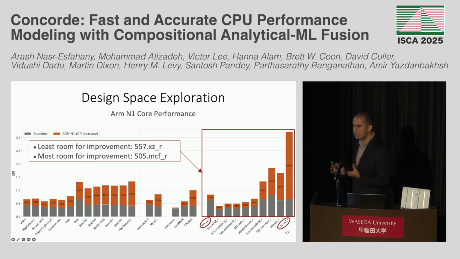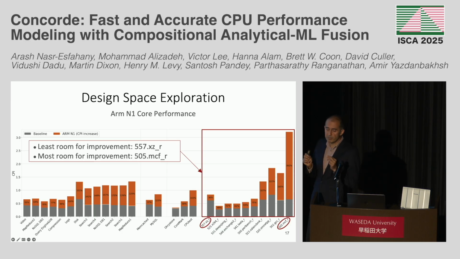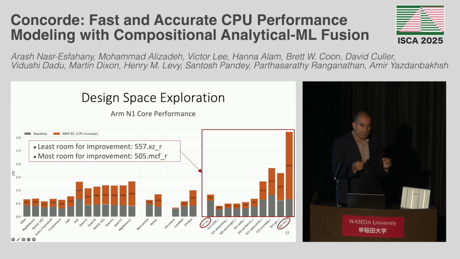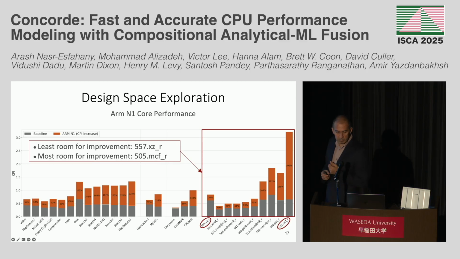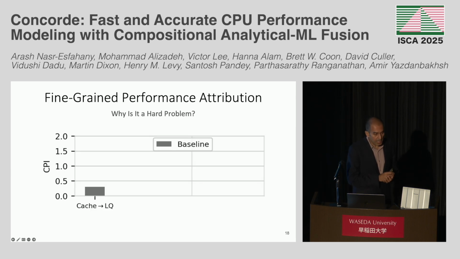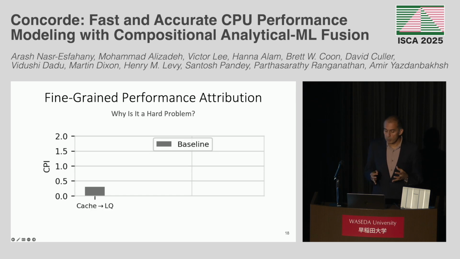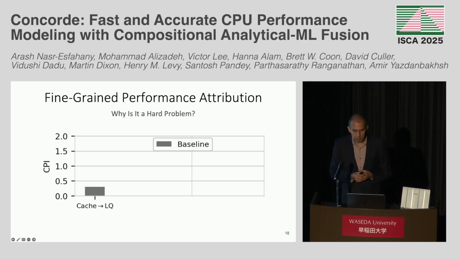But performance prediction is great, but only part of the story. Architects also want to understand why a program performs the way it does on a particular design, like ARM N1, also known as performance attribution. A common way to do this performance attribution is through parameter ablation study.